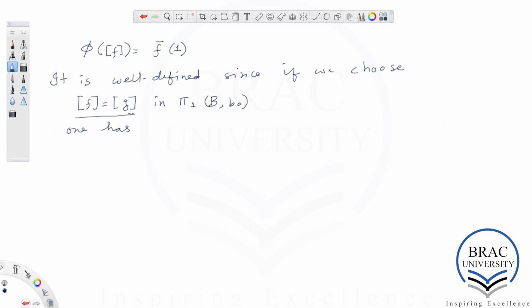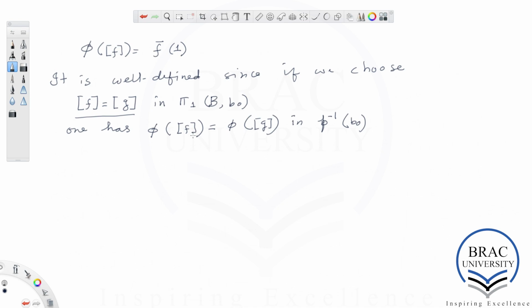If this is the case, then one of course has phi of the class of F to be equal to phi of the class of G, and hence it's well defined, and they happen to be in this set, inverse image of B0 under P.